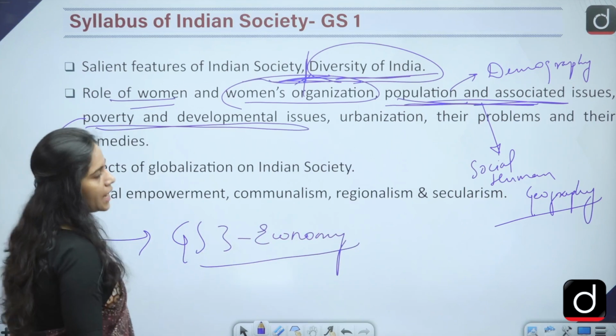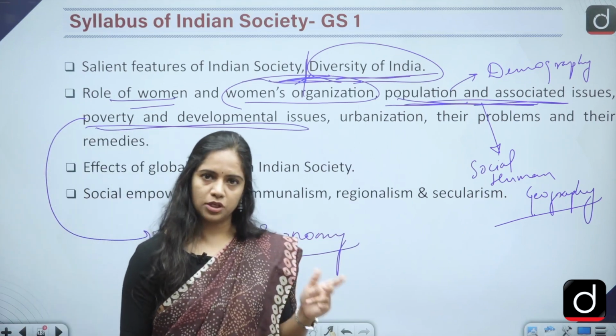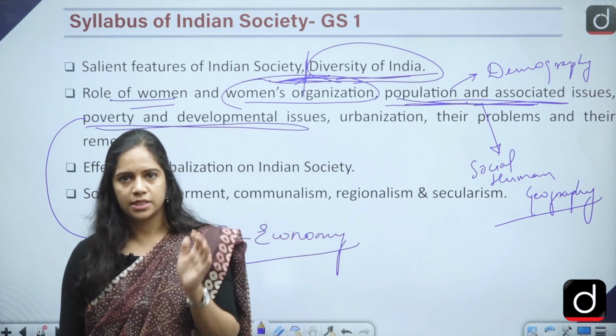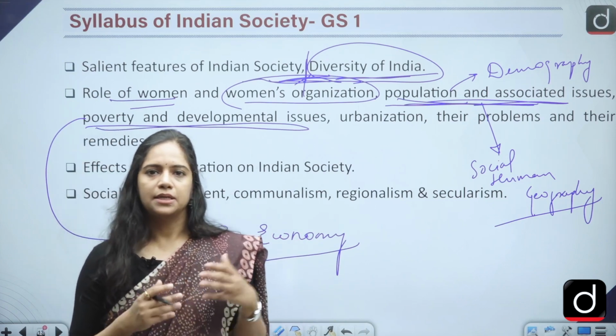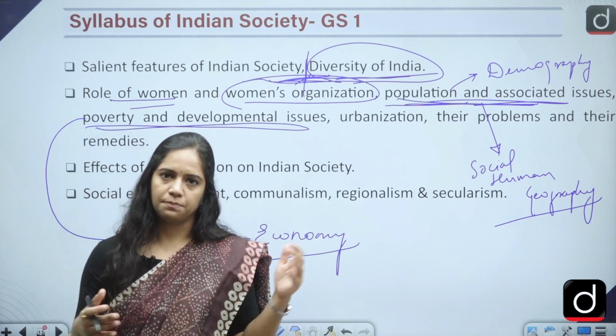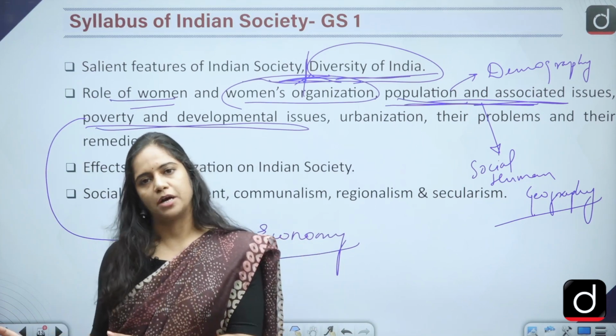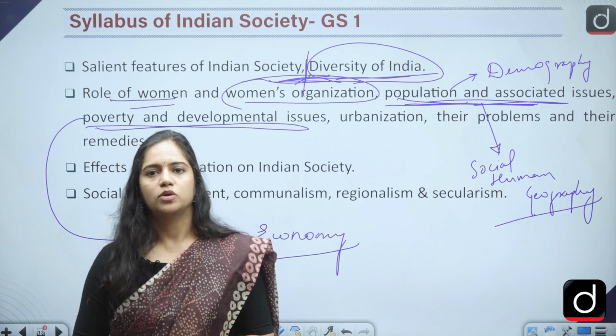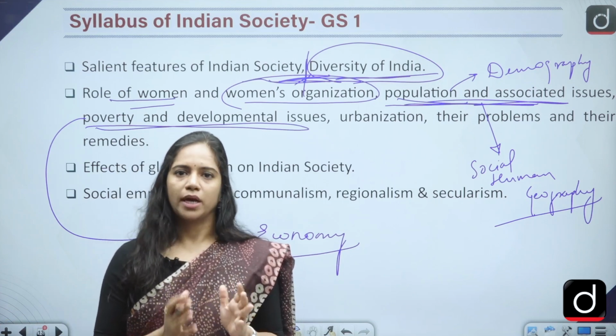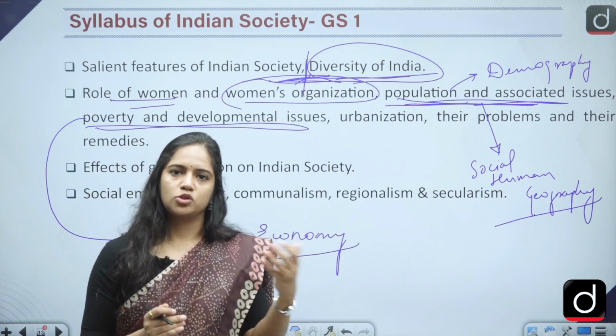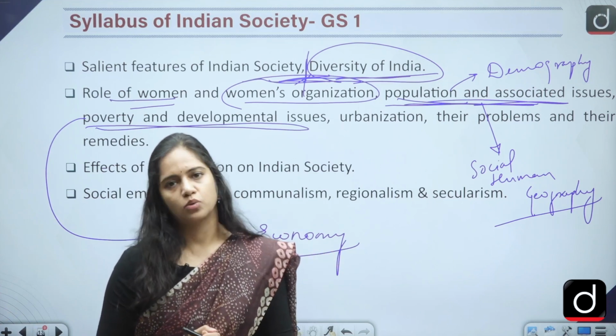Both poverty and developmental issues are there. Again, you need to make the interlinkages and you need to see which paper is asking which question. If the question appears in GS paper 1, then you have to answer it accordingly. If it happens to be part of GS paper 3, then you have to answer it accordingly. This is where you would make a difference with respect to other aspirants who are answering the questions.